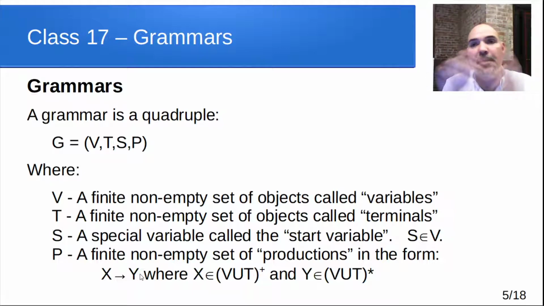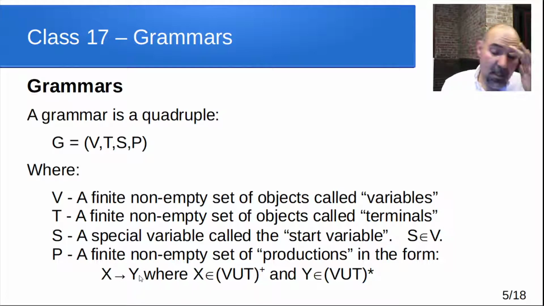A lot like a DFA, as it walks across edges it builds up the string, or you can think of it as matching parts of that string. This is similar, except that we're replacing this thing with that. That's why it's called a production. This produces that: this gets cut, and this gets pasted in place of it. A quick thing to note is that this grammar is still finite.